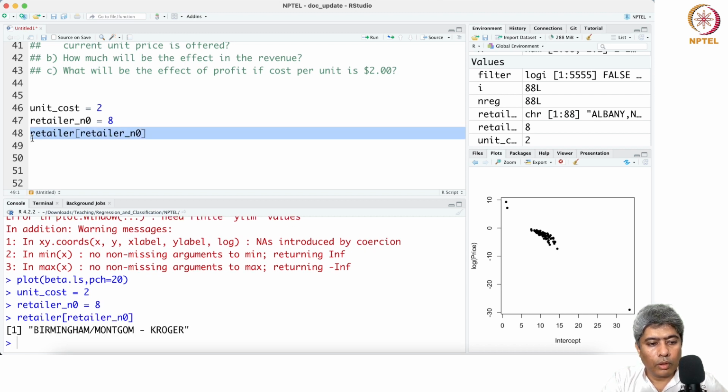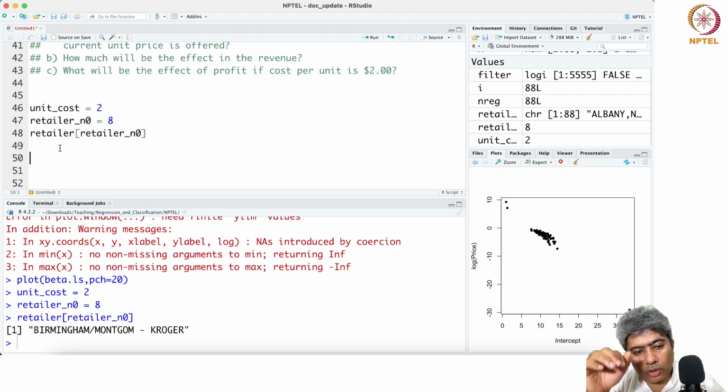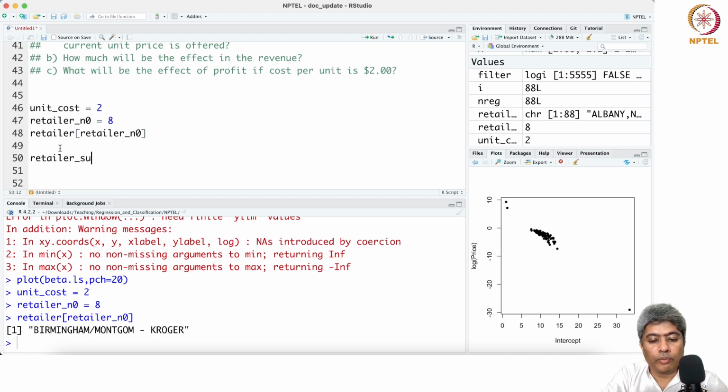Birmingham Kroger. Kroger is a big chain, and in Birmingham, Montgomery district or county, this is the Kroger retailer they are talking about. So let us have a look at the summary statistics of this particular retailer.